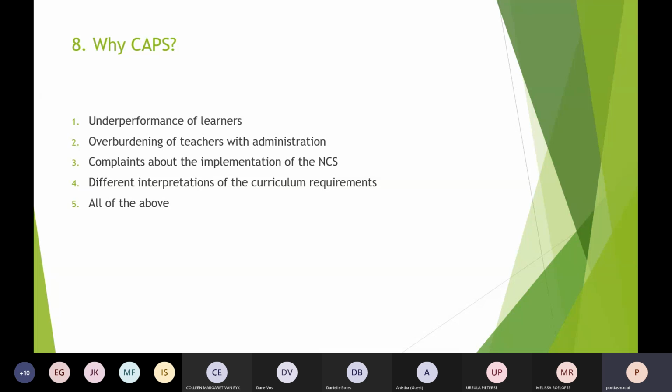Why do we do CAPS? Is it due to underperformance of learners with the previous curriculums? Were the teachers overburdened with administration? Were there complaints about the implementation of the previous curriculums, such as the NCS?